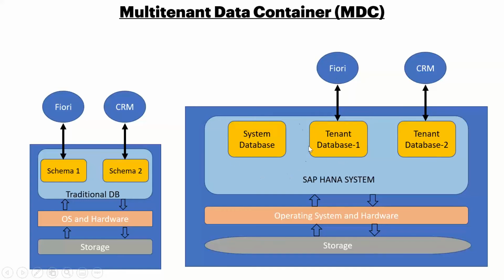If you want to apply policies for the entire set, you can do it here. Okay, that kind of flexibility is given in your multi-tenant data container. So all that you see now are multi-tenants. Every tenant will have its own application hosted on top of it, but it can also be centrally controlled with the system database. Okay, so that's your multi-tenant data containers in brief.